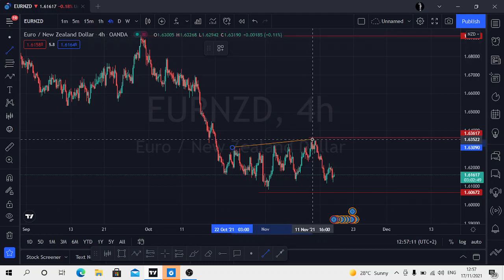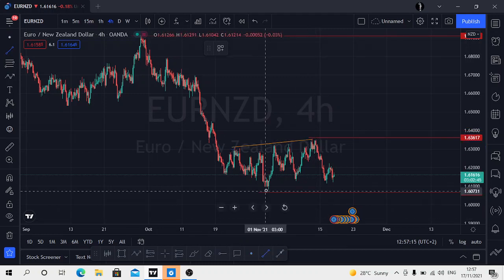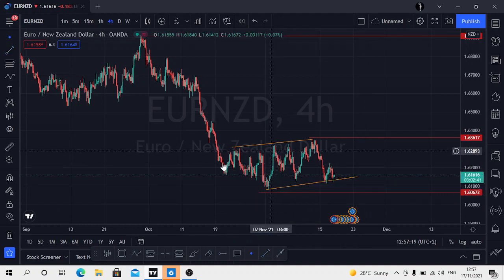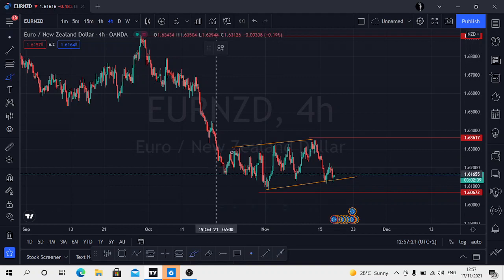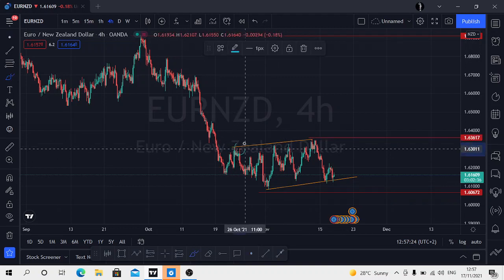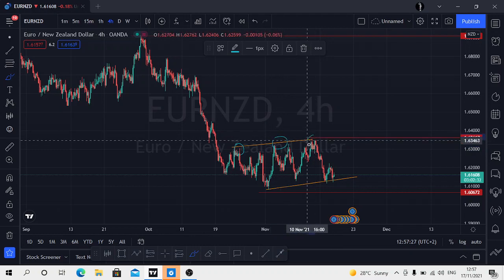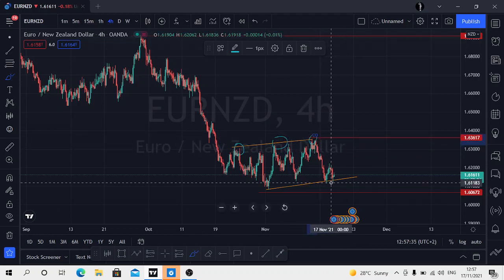Here are our trend lines right here. The price has rejected from all of these levels, as you can see for yourself. We notice our first touch, our second touch, and our third touch. Right, so now when we notice all of these things, our third touch is the most probable case that tells us that the market wants to shoot towards the downside.